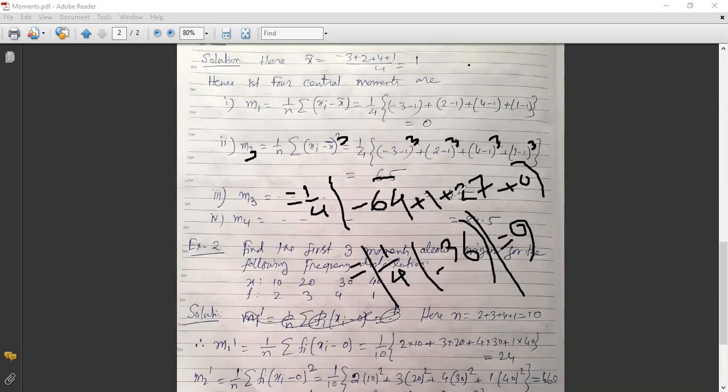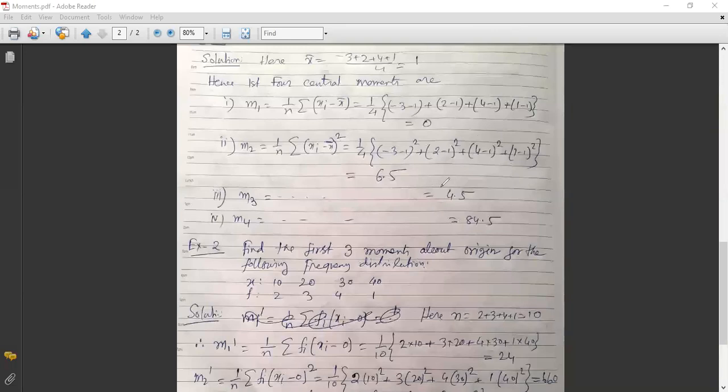Similarly, you can get the moment 4 also, just with simple calculation. Moment, always take the positive part.